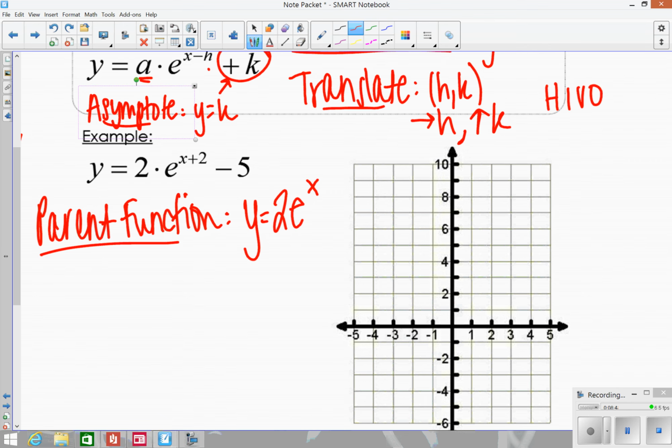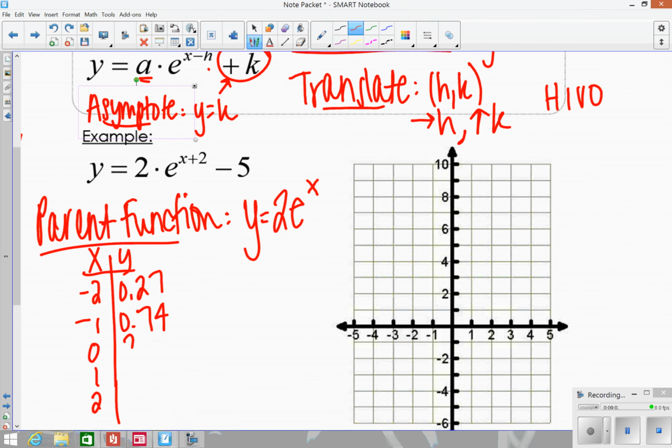And then we're going to do our graph for that. Again, I'm just going to go -2, -1, 0, 1, and 2 just to get enough points. I'm going to round to 2 decimal places when I put these in my calculator. So I get all of those from my calculator just by plugging x into this equation. And then I go ahead and plot these.